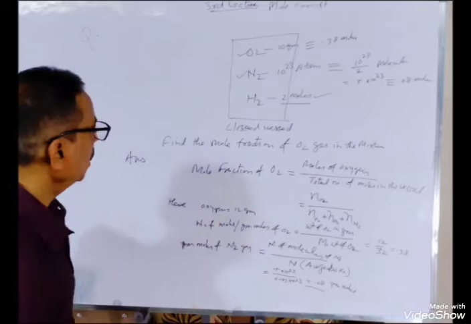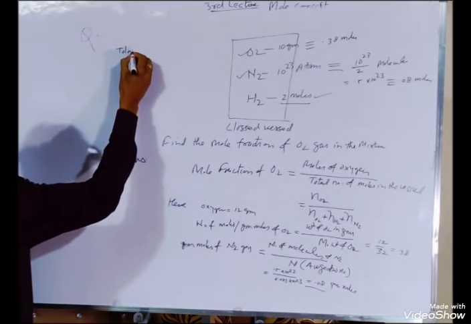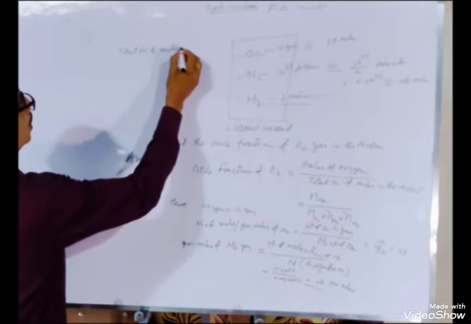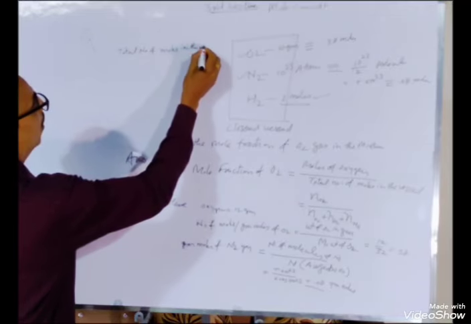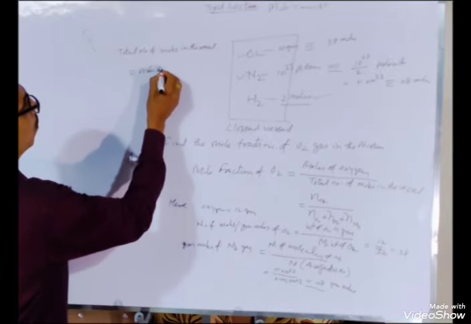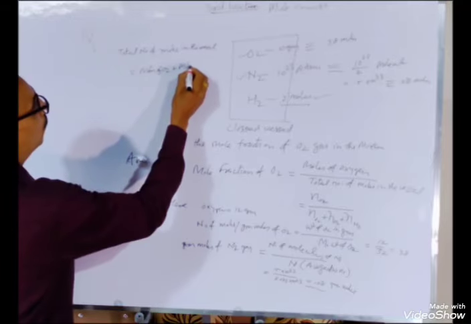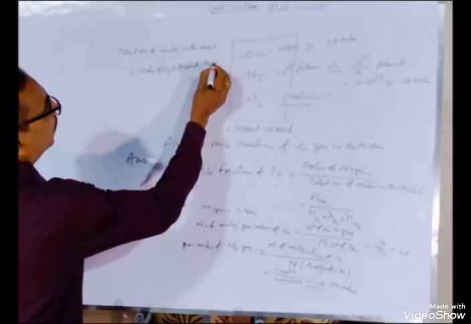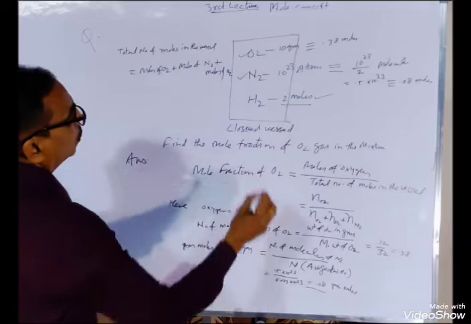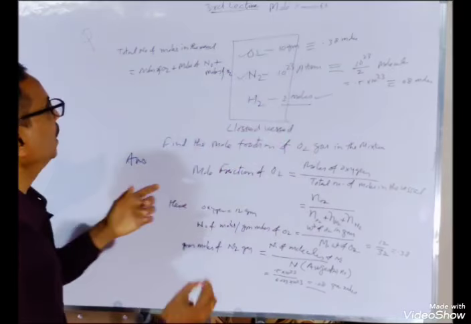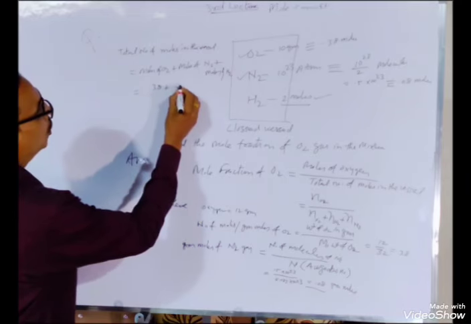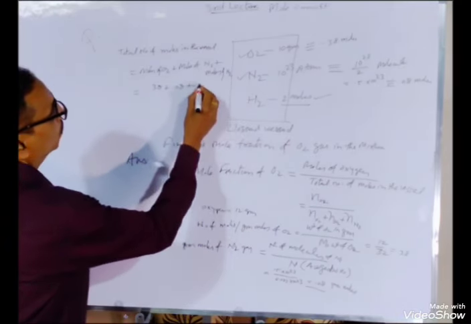So in the mixture, the total number of moles in the vessel is equal to moles of O2 plus moles of N2 plus moles of hydrogen. You sum all these three, that is 0.38 plus 0.08 plus 2.